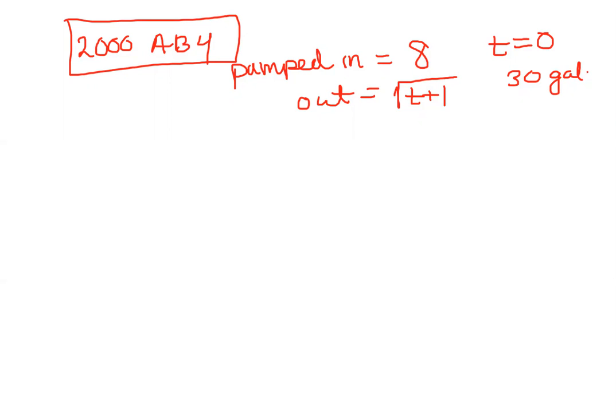Okay, let's look at the next one. Number 3, 2007 AB2. There's a graph. The amount of water in a storage tank is modeled by a continuous function on the interval t from 0 to 7. Okay, so we got water coming into the tank and water leaving the tank.